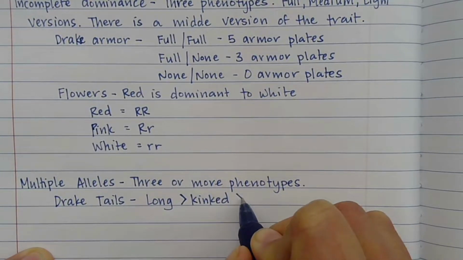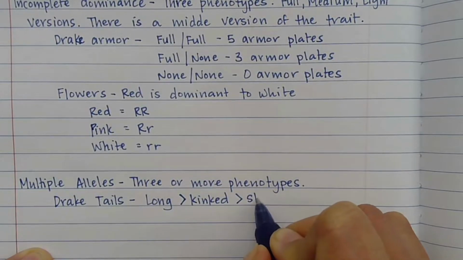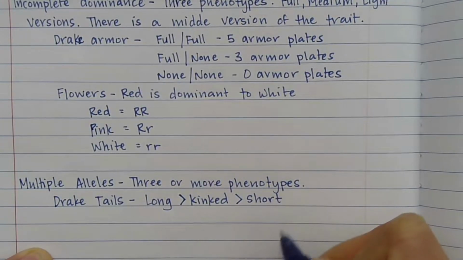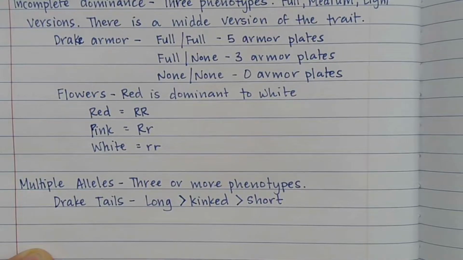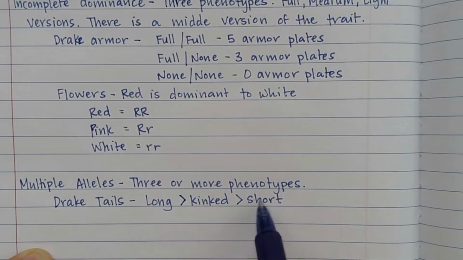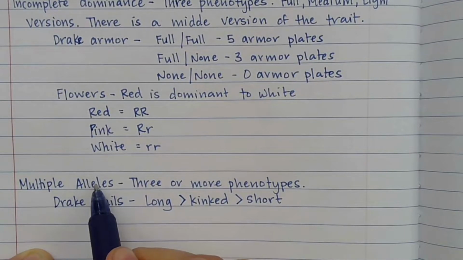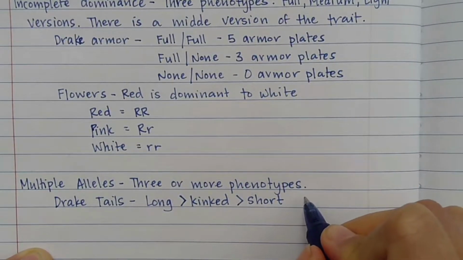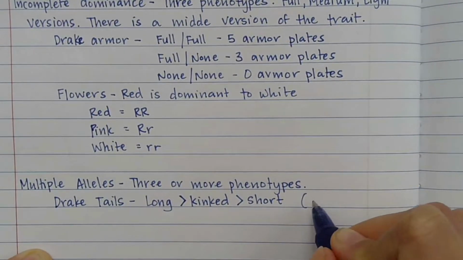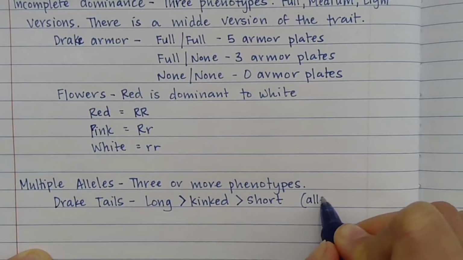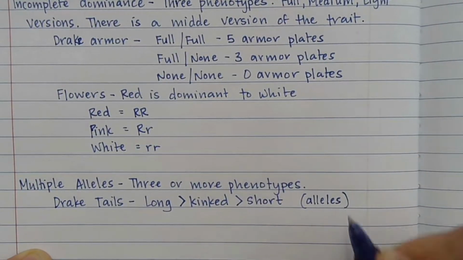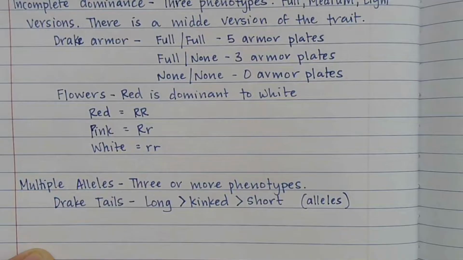And kinked tails are dominant to short tails. So I also have 3 alleles, or multiple alleles. These are not only my phenotypes, but they're my alleles as well. Those are the versions of the gene.